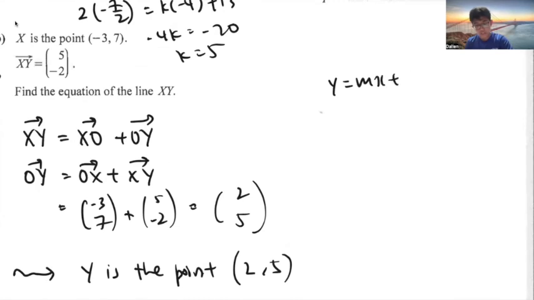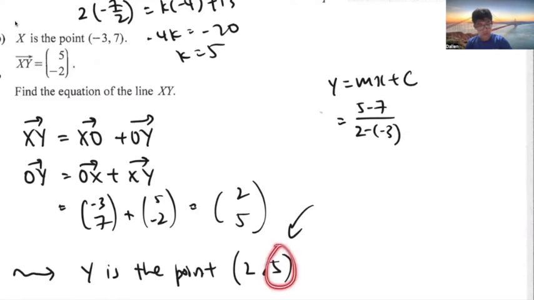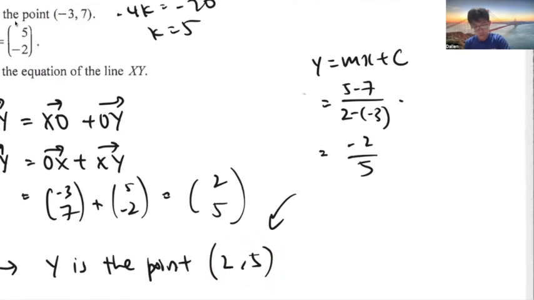So with that, we can just find the equation of the line. y equals mx plus c. The gradient is just y over x, -2 over 5. But if you want to check, you can use 5 minus 7/2 over 2 minus 3, which is y1 minus y2 over x1 minus x2. So really you get -2/5. So that's the gradient. y equals -2/5 x plus c.